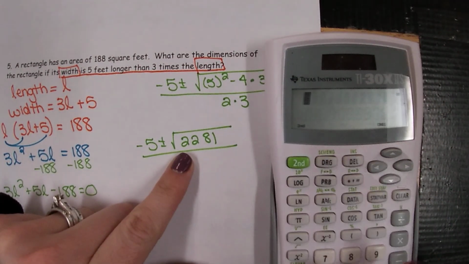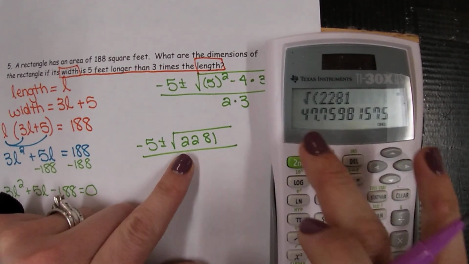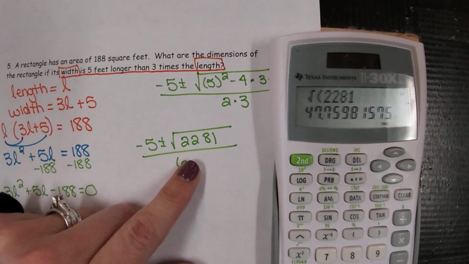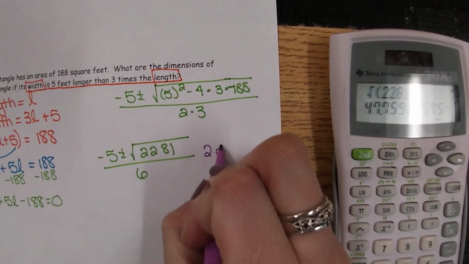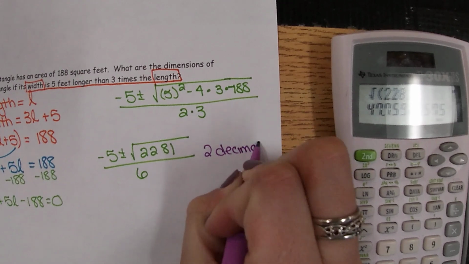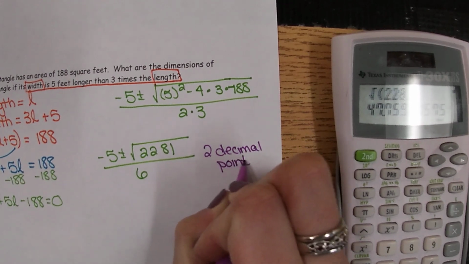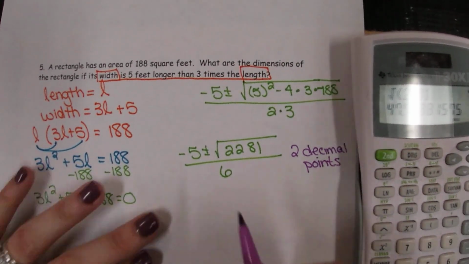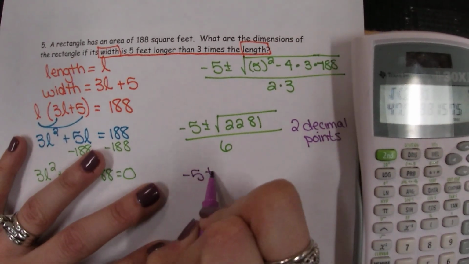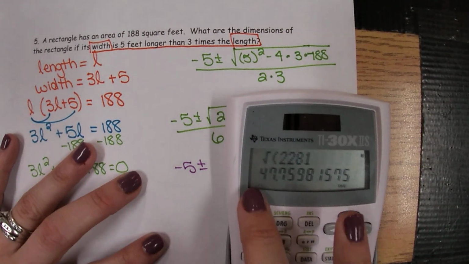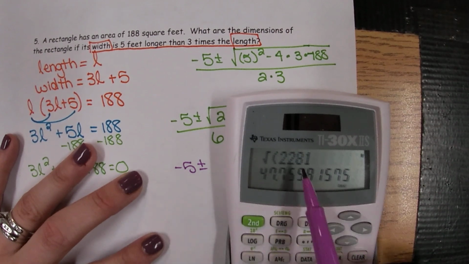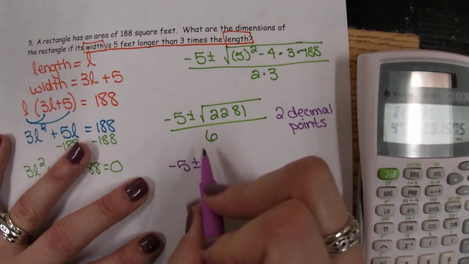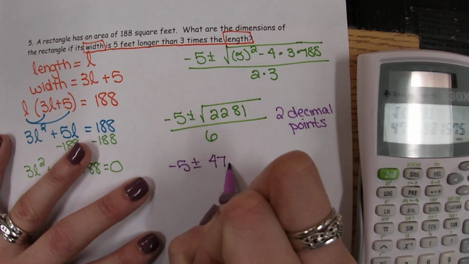Okay, so if we take the square root of 2281, we get this big long decimal. I'm going to ask you to round to 2 decimal points. Okay, so we'll say negative 5 plus or minus, and then we'll round this. So 47.7, right? I need to bump that up to a 6 because there's a 9 following it.